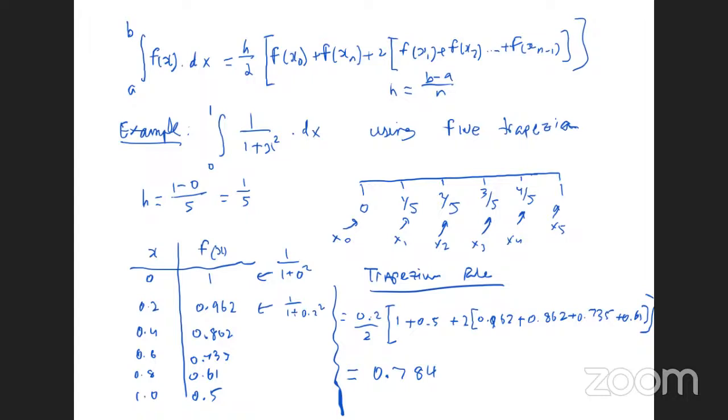Sometimes they also ask you to compare to the actual value. So find the actual value here. I want you to find the actual value. Work it out for me now, please. Remember, Chelsea told us that the integral of 1 over 1 plus x squared is tan inverse. So it's tan inverse between 1 and 0.